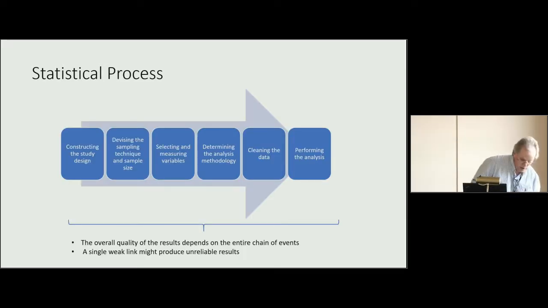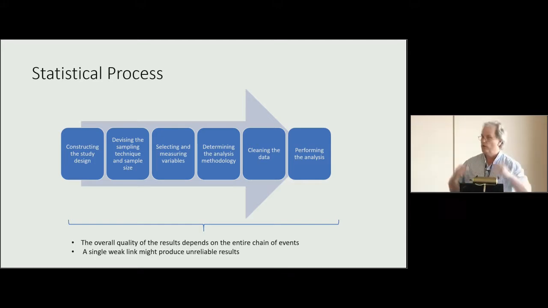So this is a flow diagram of the statistical process. It starts with constructing the study design, through data collection, conducting analysis, and interpreting the results. So the overall quality of the results depends on the entire chain of events. A single weak link can produce unreliable results.